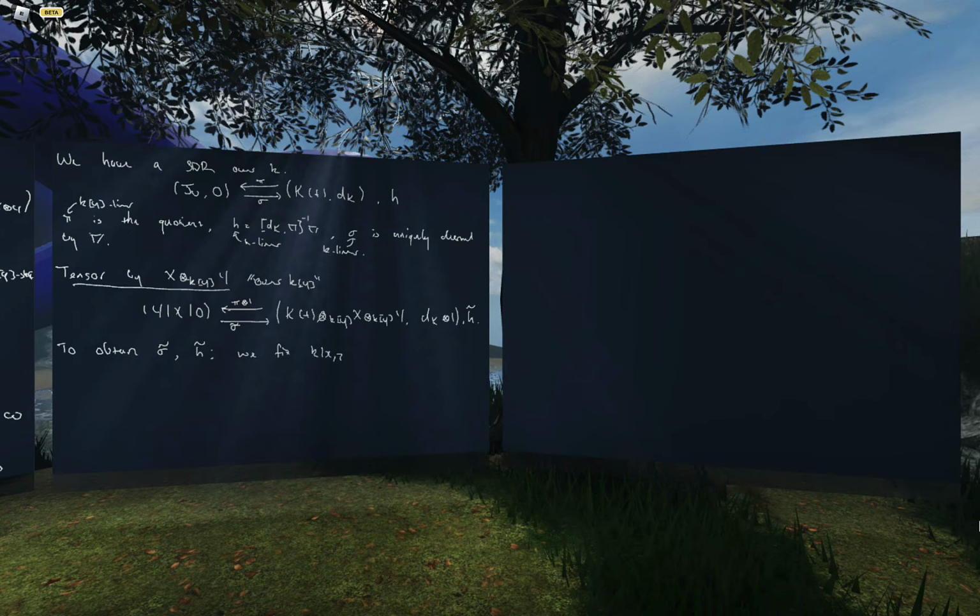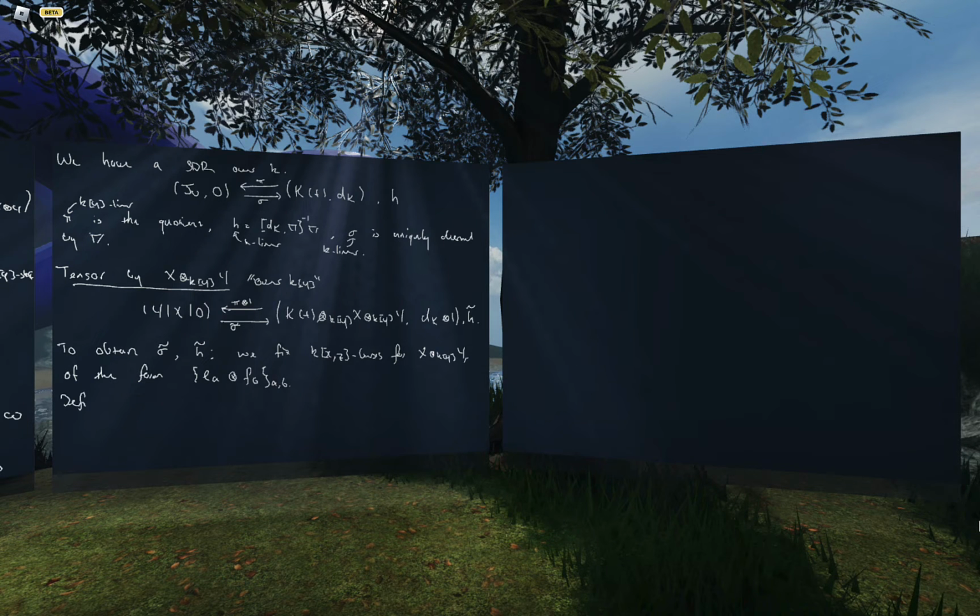A kxz basis for this thing, x tensor y, of the form EA tensor FB, where EA lives in X and FB lives in Y. And then we define these maps on the basis, right?